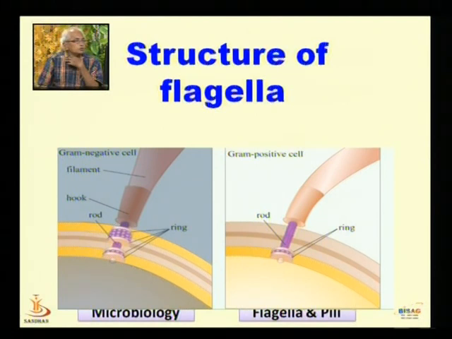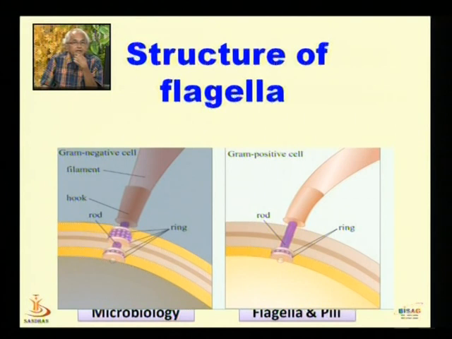As this diagram shows you, the structure on your left is that of a flagellar body of a gram negative organism. You can see there are 4 different disc-like structures surrounding a central rod, and then there is a hook in between, and external to everything else is the filament.